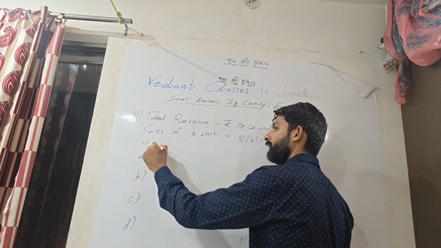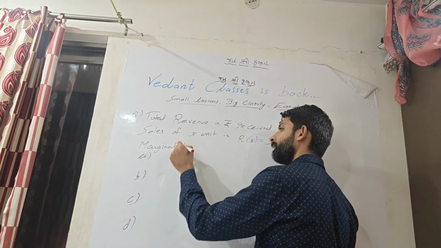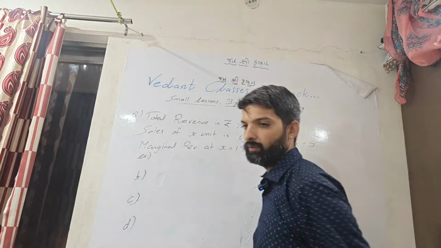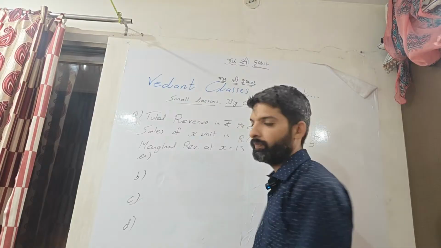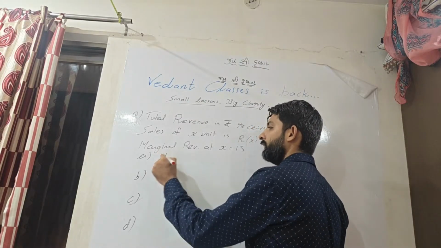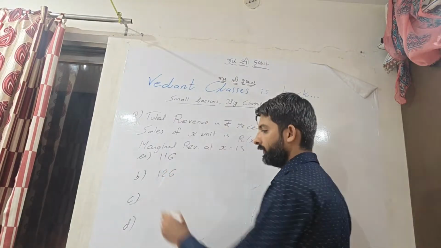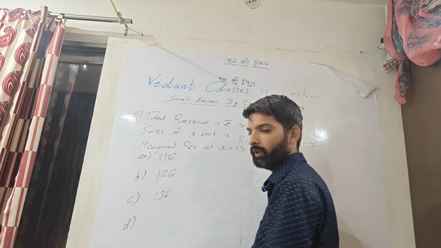So the marginal revenue at x equal to 15, this you need to find. Options are 116, 126, 136 and 96.